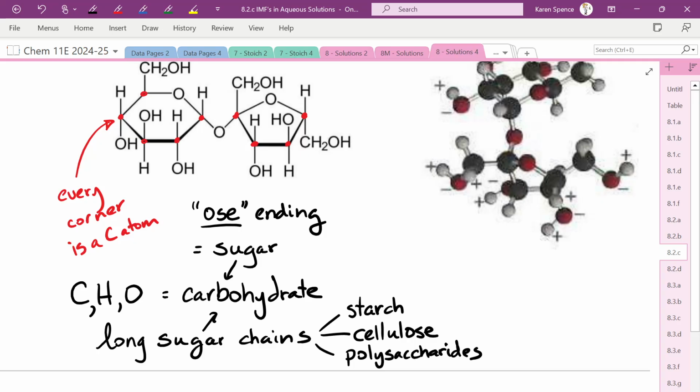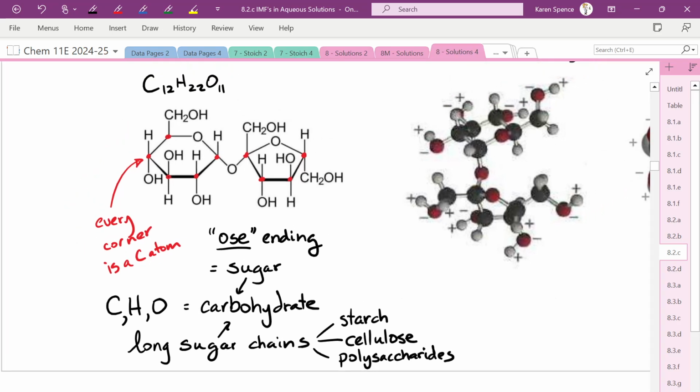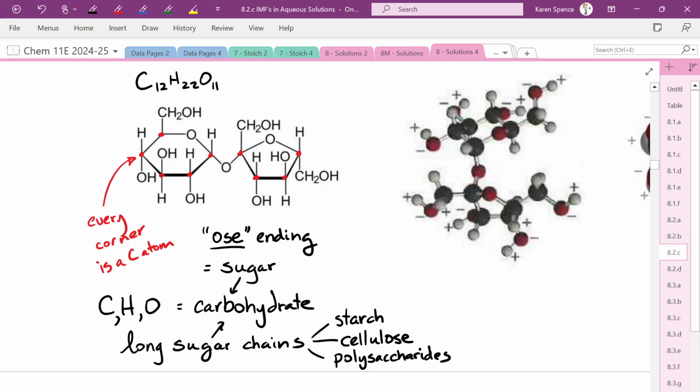Now, if we go over to our ball and stick model over here, you'll notice that we have hydroxyl groups. We've got this OH group here. Yes? Okay, so we've got OHs all over the place in this structure. And what do you remember about O compared to H?